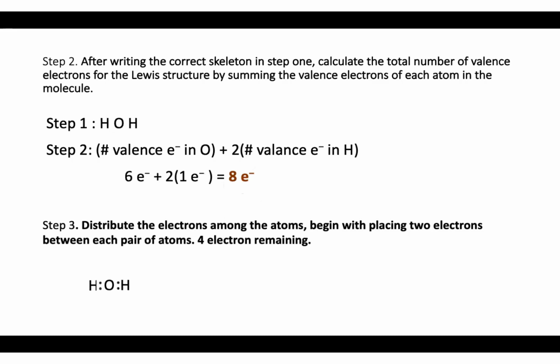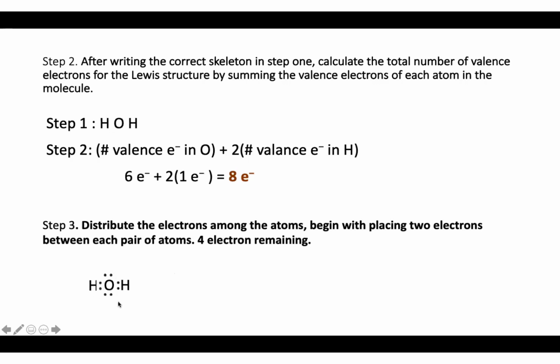Never put more than what you calculated around the elements. That's really important. Then the rest of the electrons, which is 4, go on the central atom.